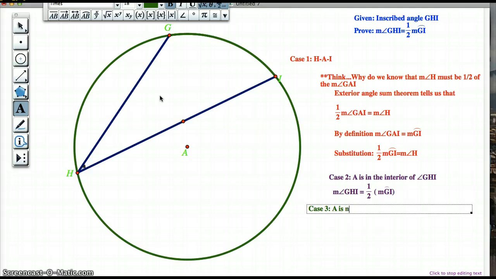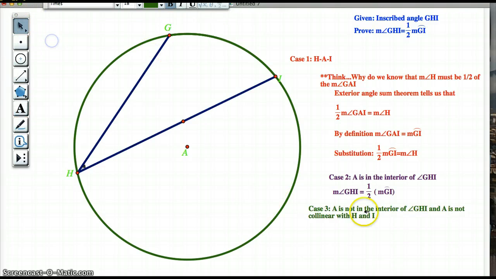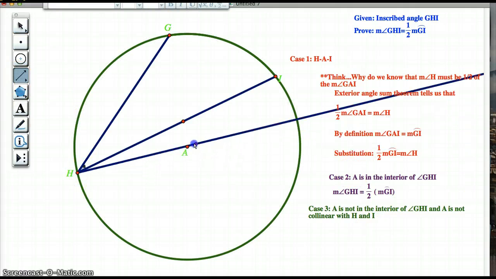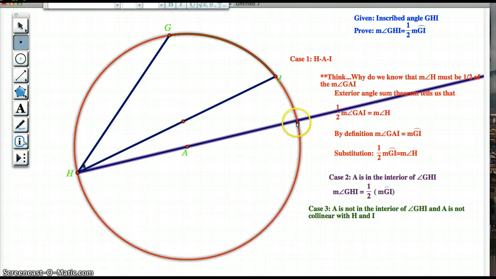A is not in the interior of angle GHI, and A is not collinear with H and I. Well, we're going to do the same thing. We're going to use what we've already proven. So we're going to draw a ray through A and do essentially the same kind of thing.